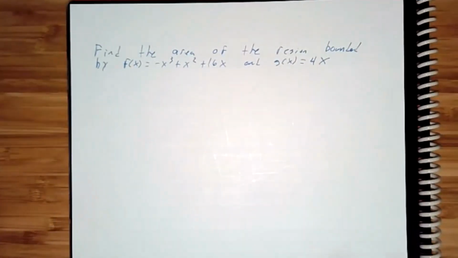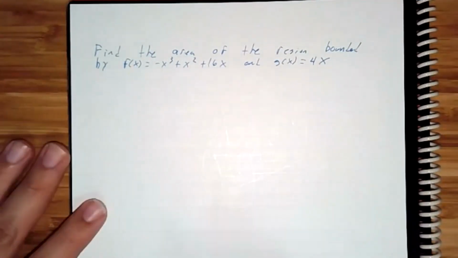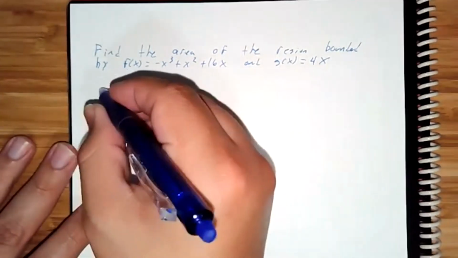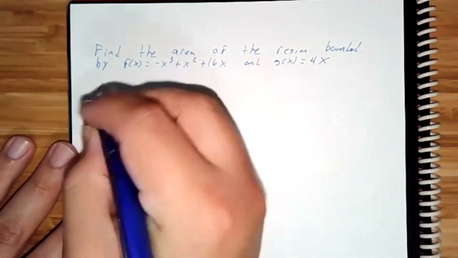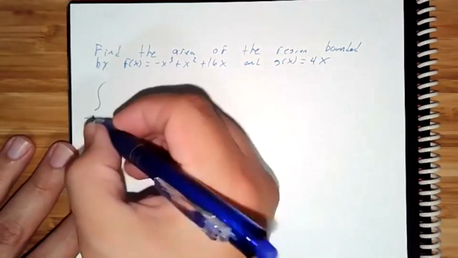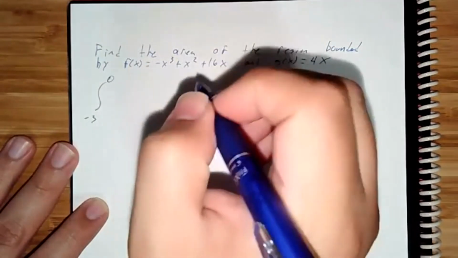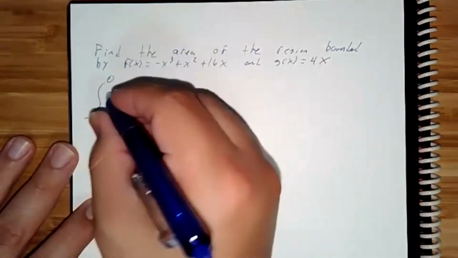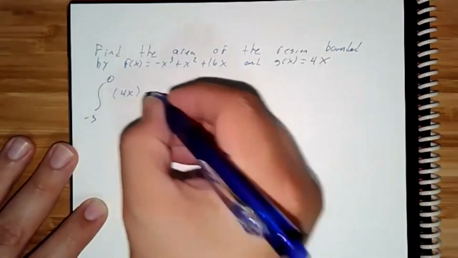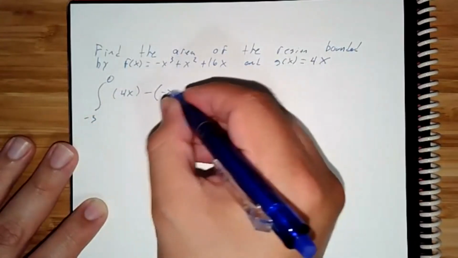So it helps to graph it so you can see which one's on top, which is on bottom. So in the first integral, from -3 to 0, the line is on top. So you're gonna have 4x first minus the cubic.